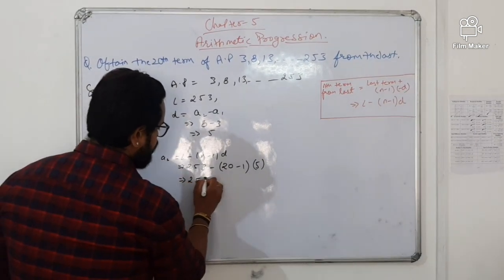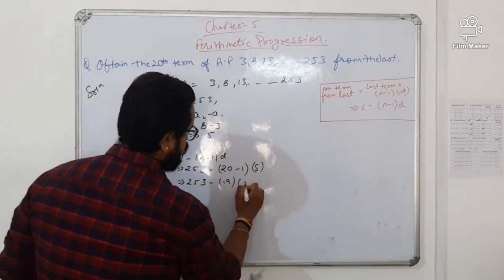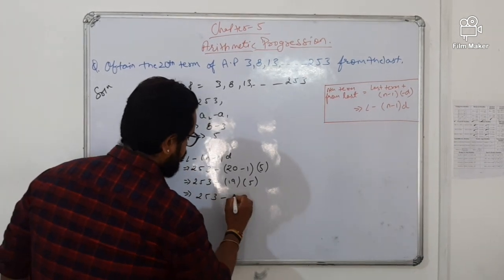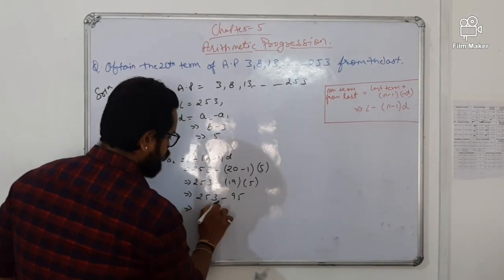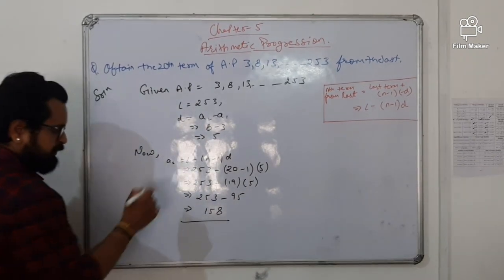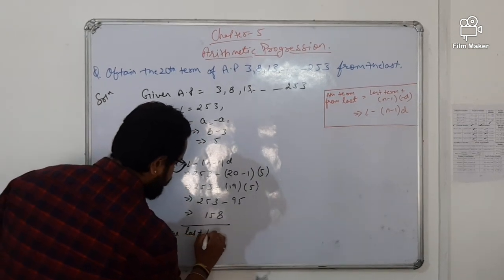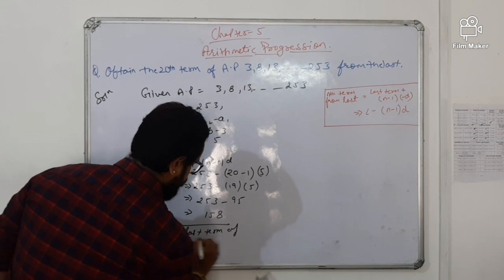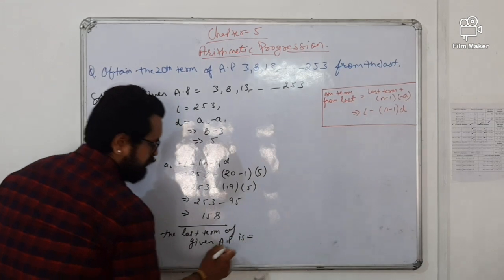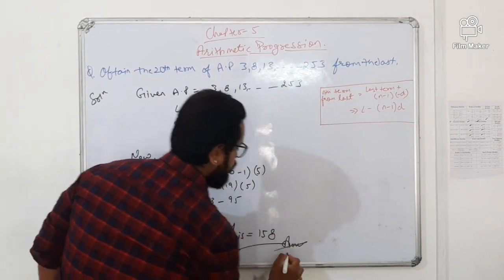Now 253 minus 20 minus 1 will be 19 into 5. 19 fives are 95 and 253 minus 95 is 158. So this is your answer. The 20th term from the last of the given AP is 158. This is your final answer.